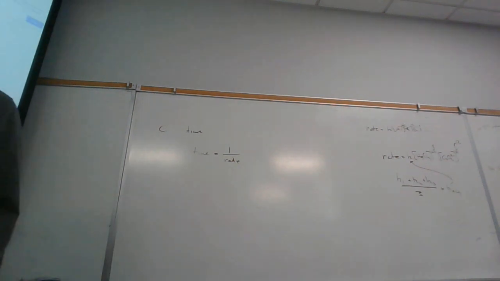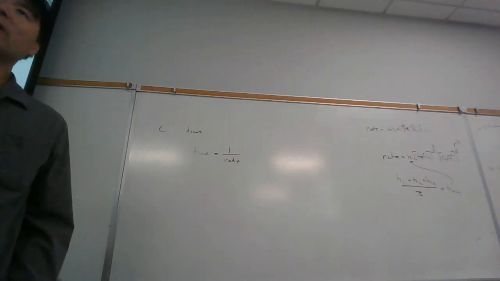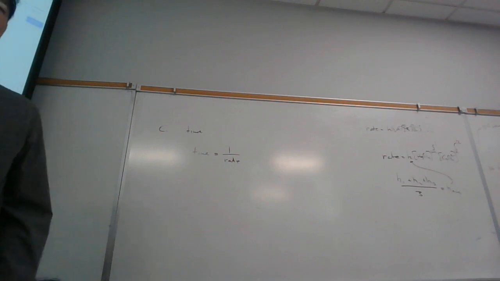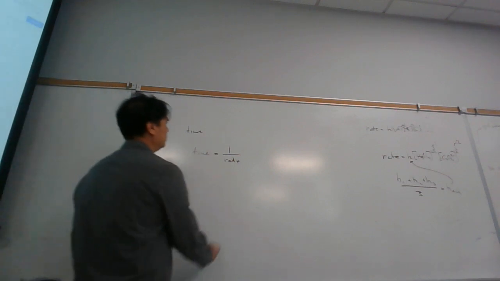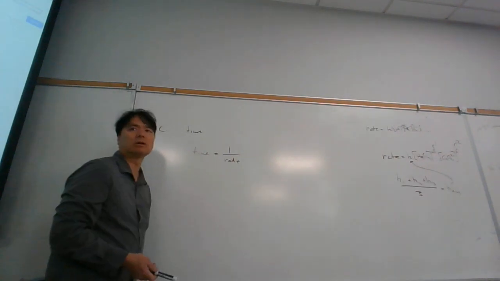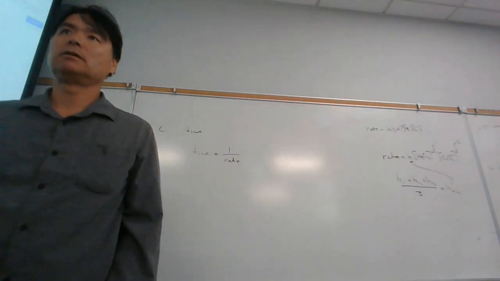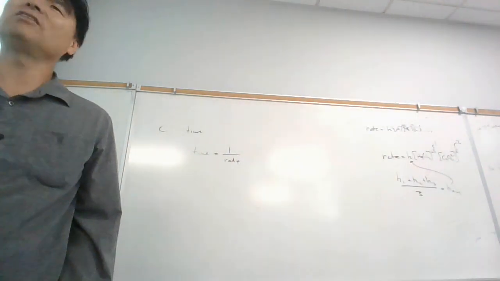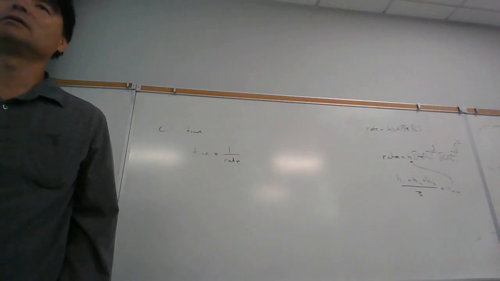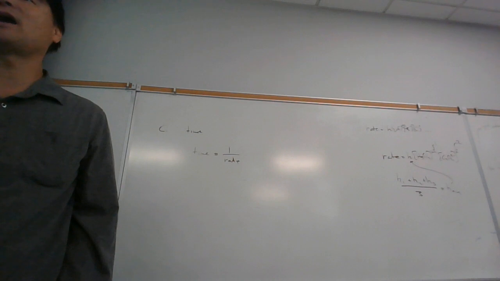Or the other scenario is if I doubled the hydroxide and the rate quadrupled, then it would take 1/4 the amount of time. So about how long did it take, going from run 1 to run 2? Did it take about half the time, or about 1/4 of the time, or about the same amount of time?